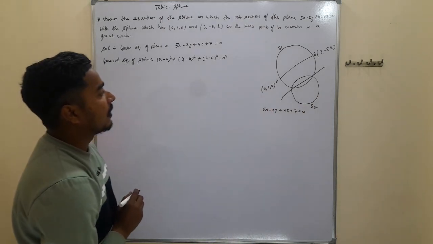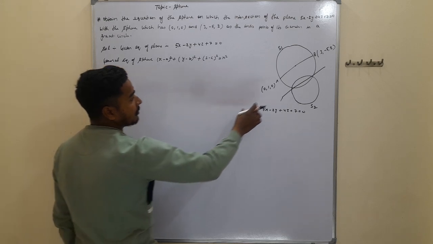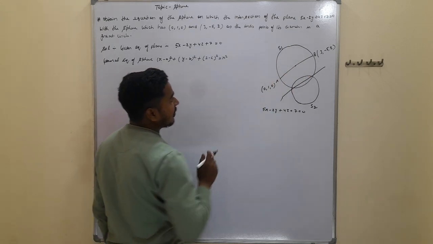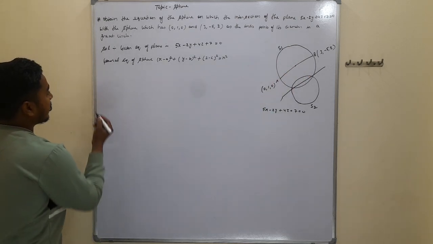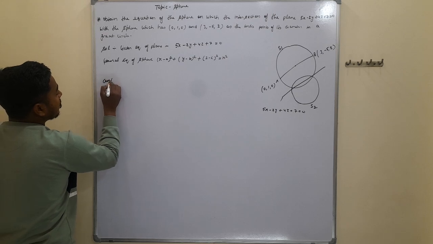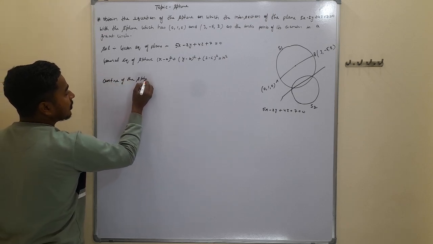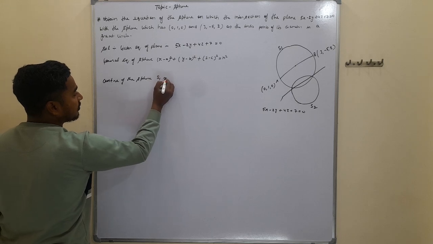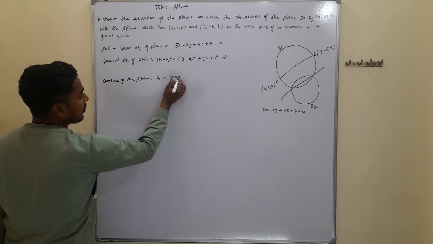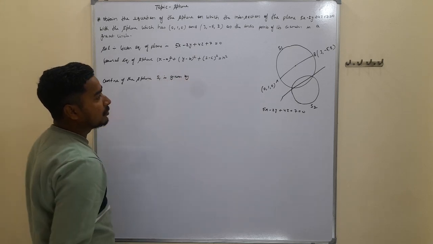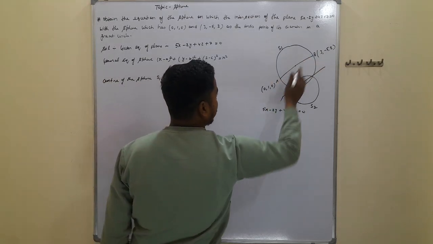And we have to find the center of the sphere S1. The center of the sphere S1 is given by taking the midpoint of AB.